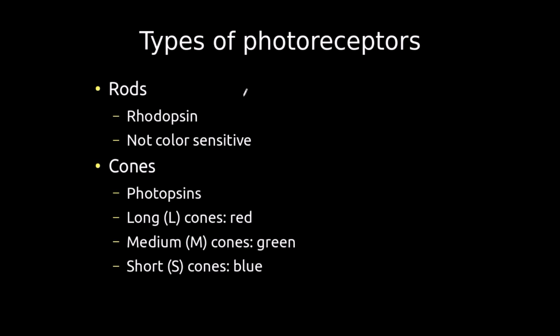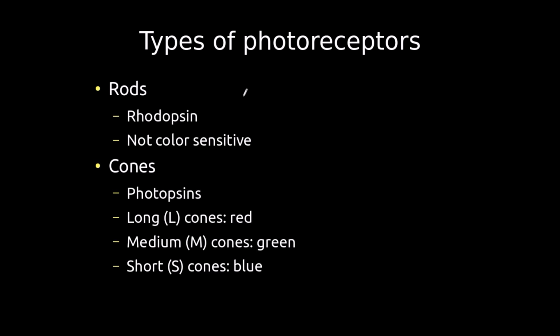However, cones, on the other hand, contain photopsins. And these cones are only going to contain one of the photopsins that we've talked about before, which means that these cones are only going to respond to certain wavelengths of light. For instance, we have long cones or L cones, so called because they respond to longer wavelengths of light, or red light, and therefore they're also sometimes called red photoreceptors.